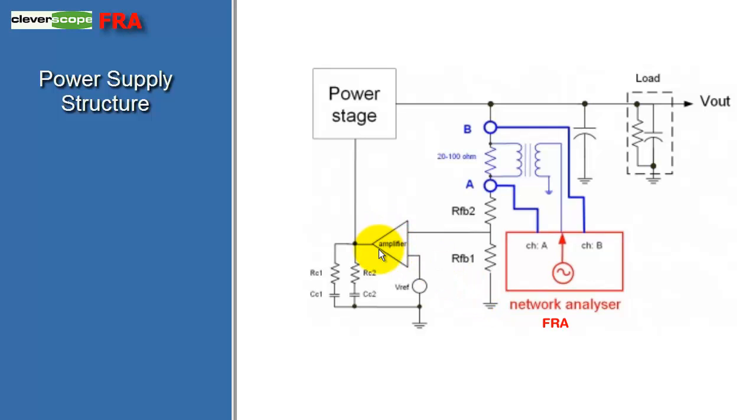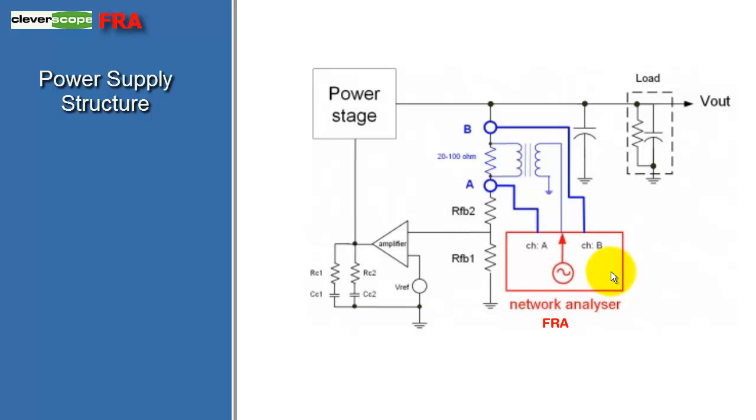The error amplifier provides an output which is proportional to the difference between the input signal and the reference value. Out here we have the load, which could be resistive and capacitive, and maybe inductive as well. Now, here we have the connection of the frequency response analyzer, which is actually a network analyzer in disguise.